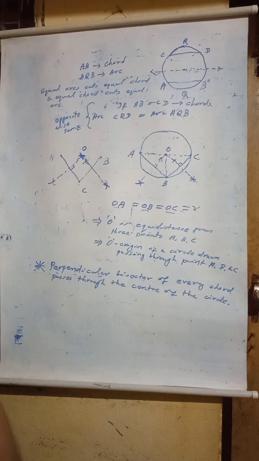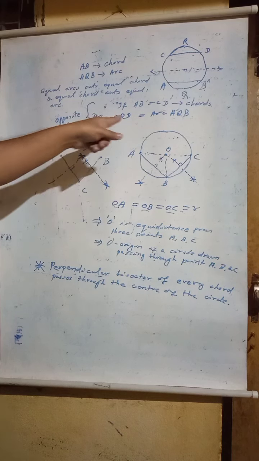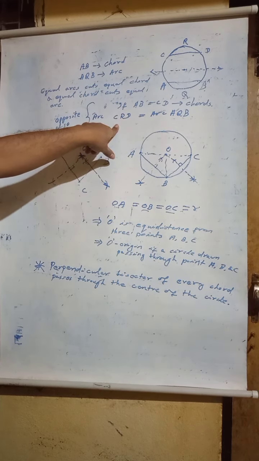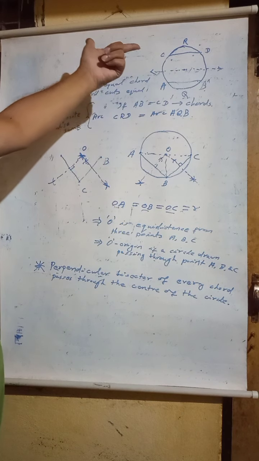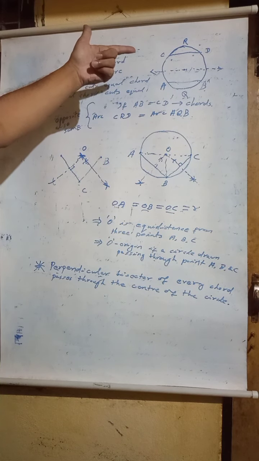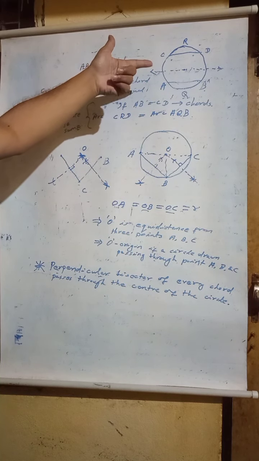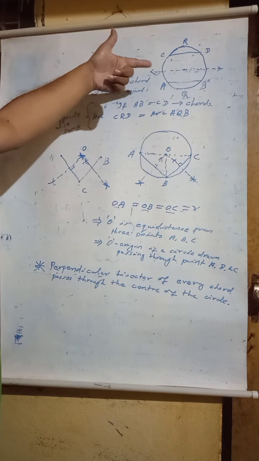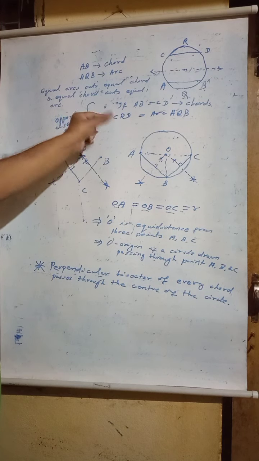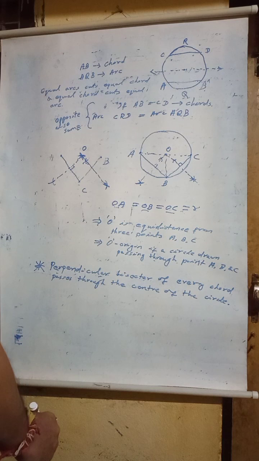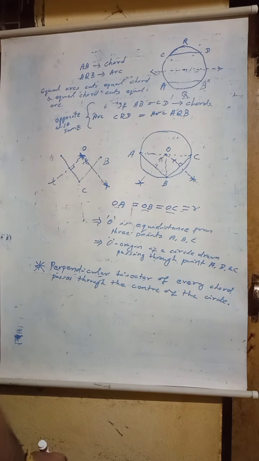If two chords are equal, they cut equal arcs. If two arcs are equal, they cut equal chords. That is vice versa. So that is what I told you.